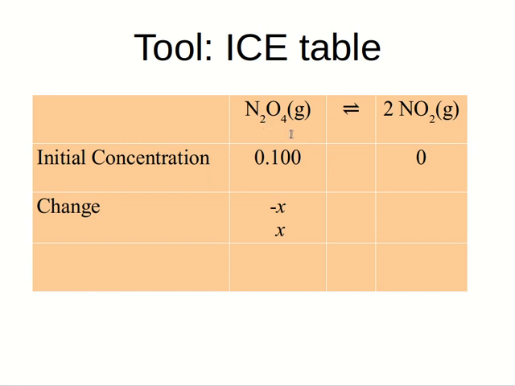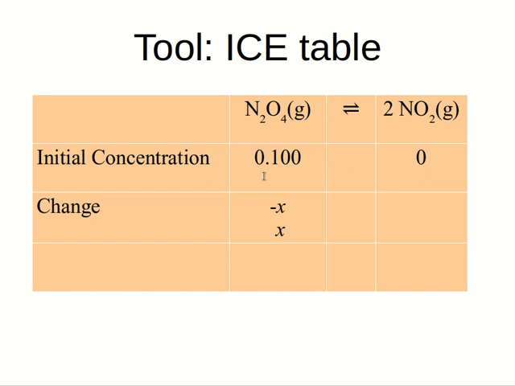This is a very simple reaction: N2O4 is in equilibrium with 2NO2, and we choose this particularly simple reaction because then all the calculations are very simple. Here are my initial concentrations, and I picked simple numbers, 0.1 mole per liter and nothing.